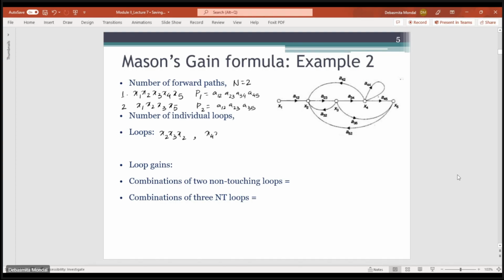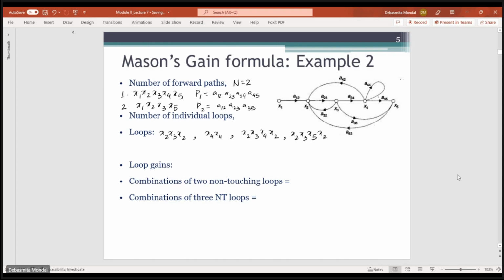Another one is x4 to x4. Then you have x2, x3, x4, coming back to x2. Then you have x2, x3, x5, coming back to x2.